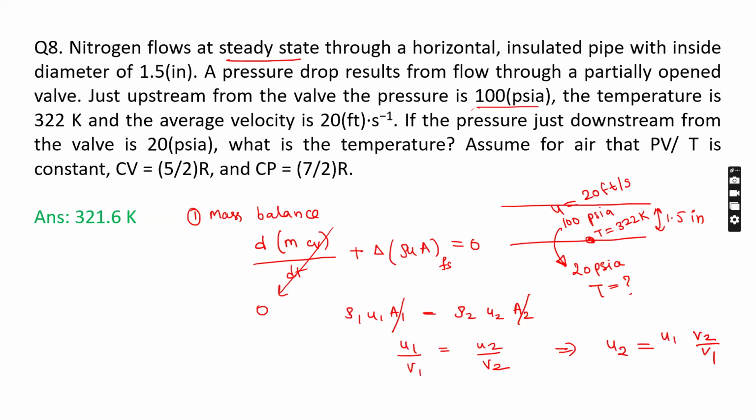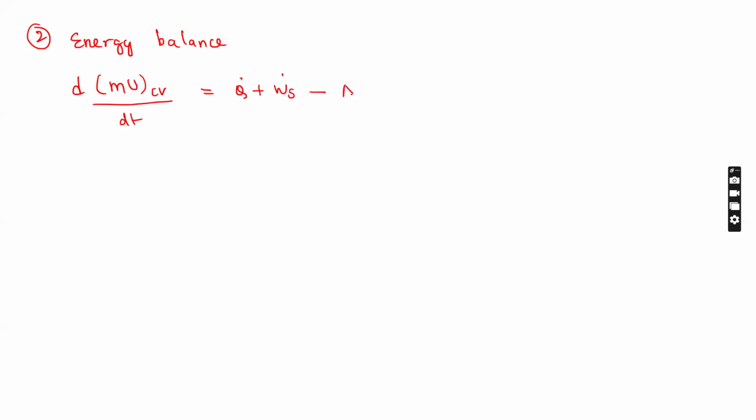Okay. And one more balance what we have is the energy balance equation, okay, which is given by d(m u)cv by dt equals Q dot plus Ws dot minus delta m dot into (h plus u square by 2 plus gz).